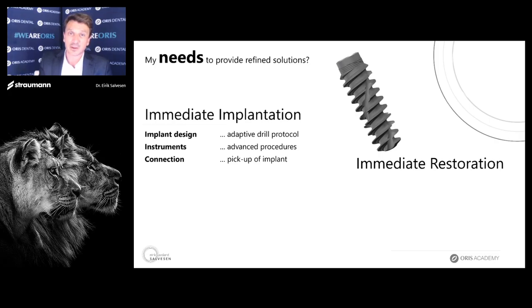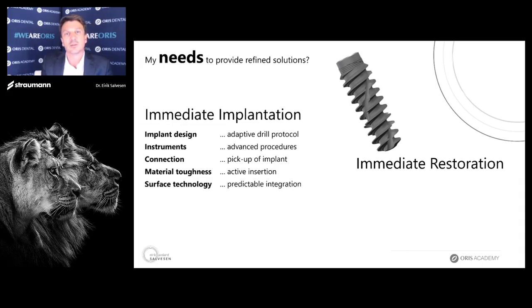I need to have a direct connection to the implant. I need a pickup system for the implant. There can't be any carrier in between, because we're working on and off with the implant to adjust it. So it needs to be direct, and it needs to be strong, because I will be using active insertion techniques, so I will be applying forces to these implants. The strongest material there is is good for me.